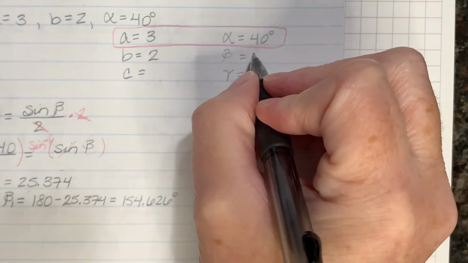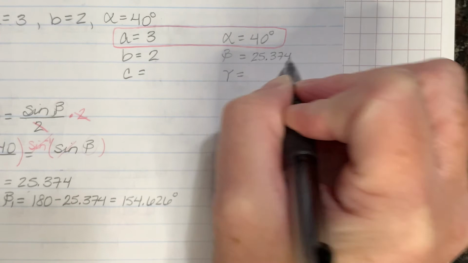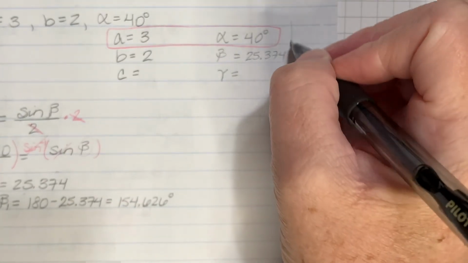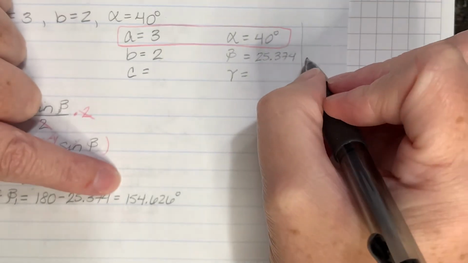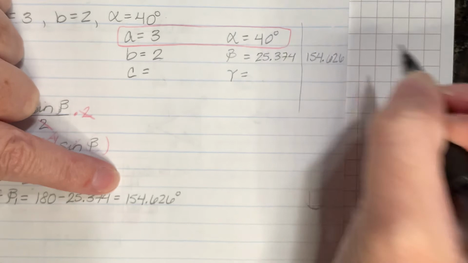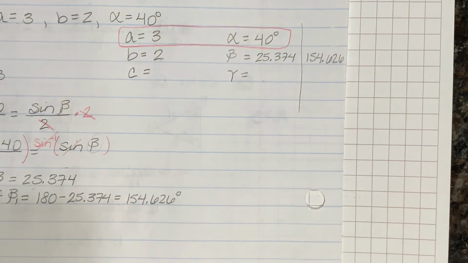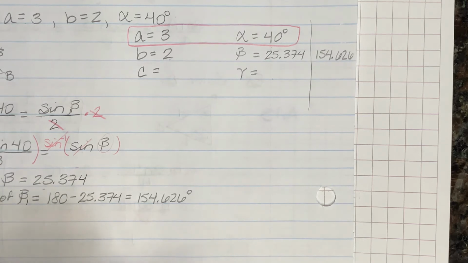So right now I have 25.374, and I'm going to make a second column here, or I could have 154.626. Again, we're looking at the supplement to see if it's the angle opposite.